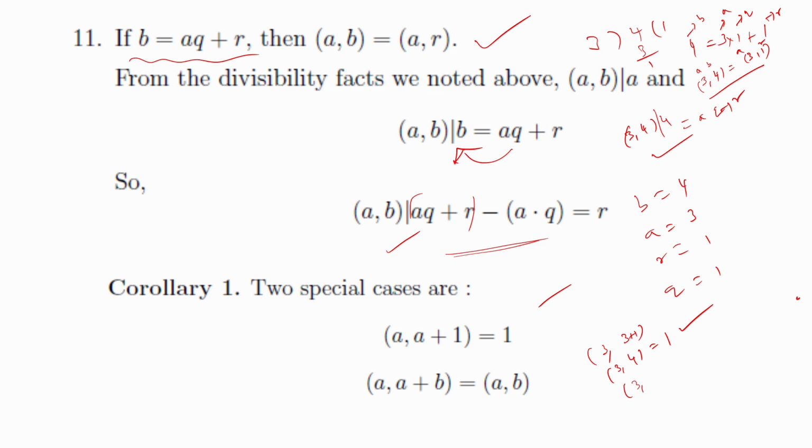Similarly, take 3 comma 3 plus 4, which is 3 comma 7. This GCD is 1 and the GCD of 3 comma 4 is 1, therefore this also holds good for the GCD of two numbers.